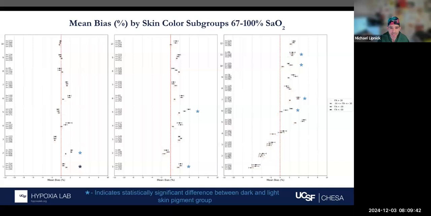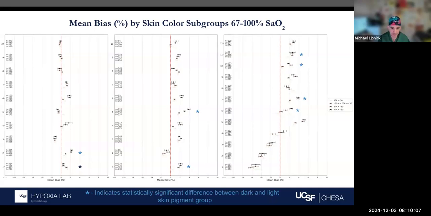Each of the bars is light, medium, dark, and very dark ITA, using the cutoffs listed over here on the right. So essentially, we added a very dark category at less than -50 to try and see if, for pulse oximeters, in this -50 group, we are seeing a difference in performance?